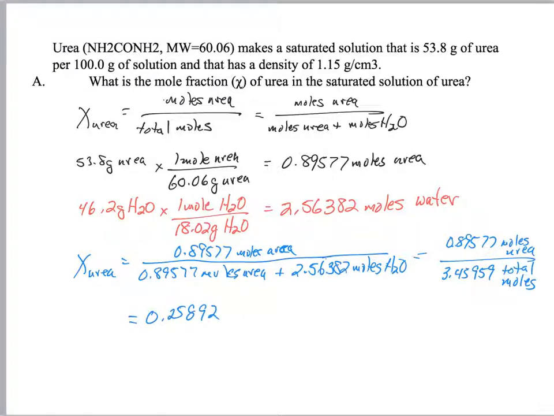That's more significant figures than we need. All of our numbers had 3 significant figures, so to 3 significant figures, our answer would be that the mole fraction of urea in this solution is 0.259.